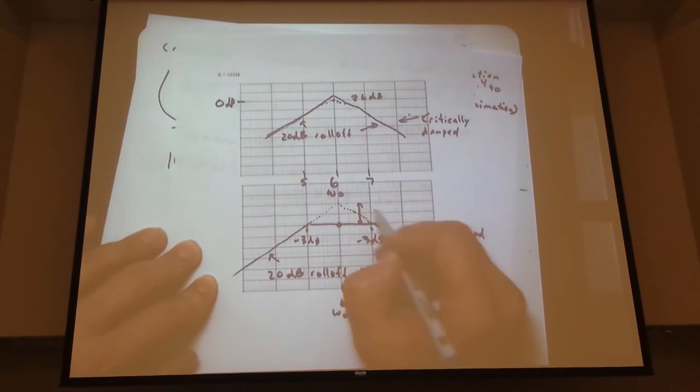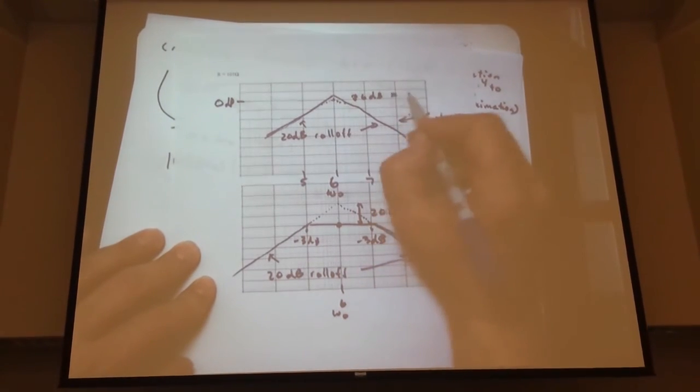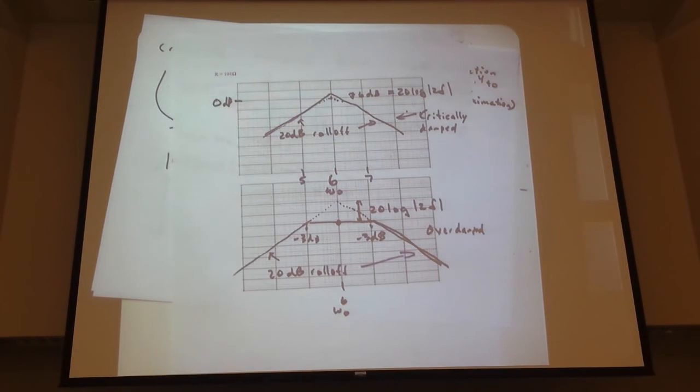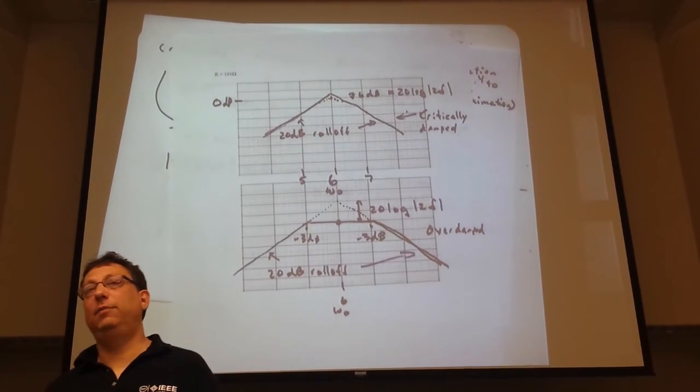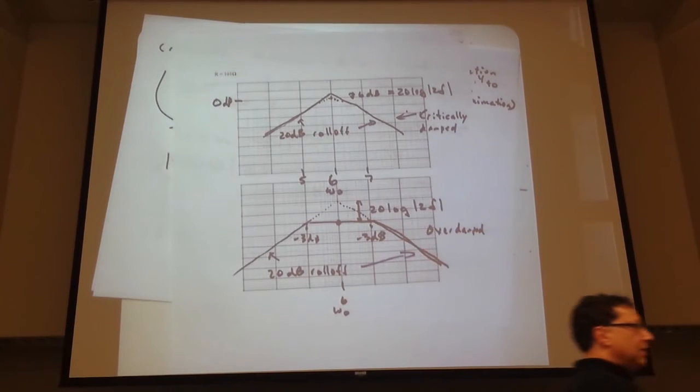This distance, like we just said, is 20 log 2 delta, 20 log of 2 times the damping ratio. What's the damping ratio for the critically damped case? It's 1. What's 20 log of 2? 6 dB. 20 log square root of 2 is 3 dB. That's the inverse of 1 over square root of 2, which is minus 3 dB.